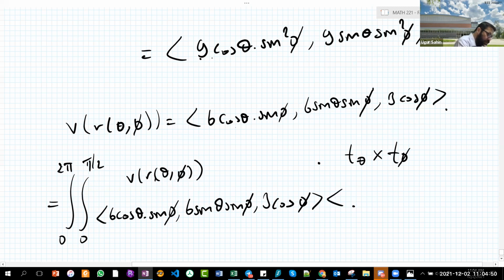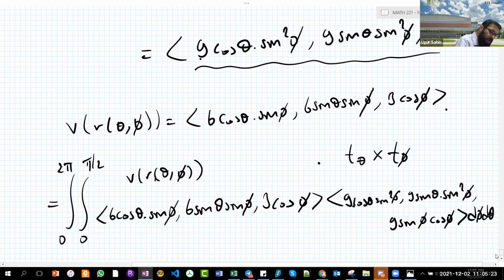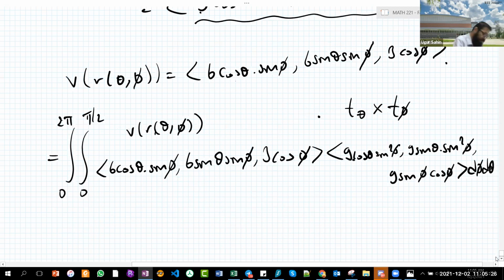I need to bring this vector here, which is 9 cosine theta sine squared phi, 9 sine theta sine squared phi, and 9 sine phi cosine phi, d phi d theta. That is the integral you need to calculate, guys.